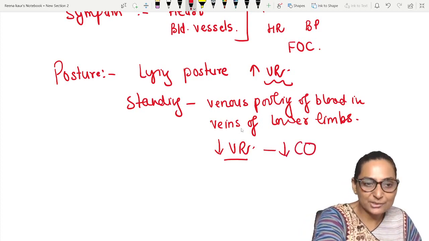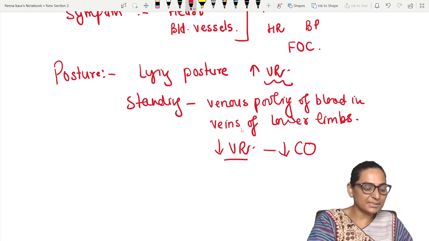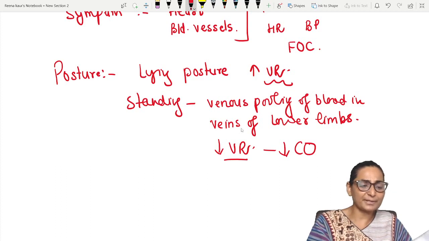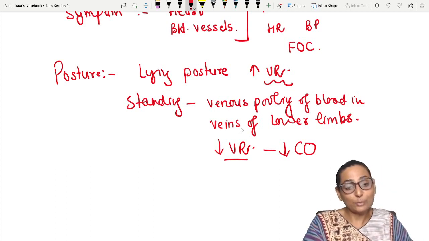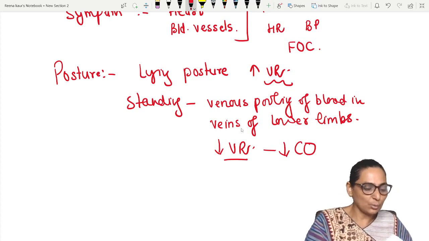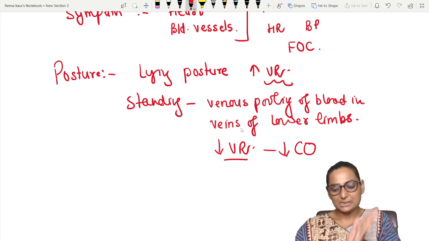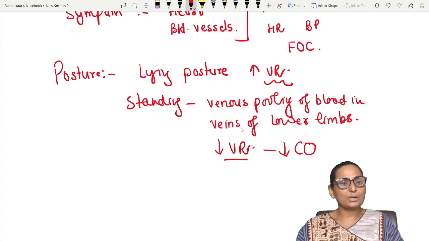So deep inspiration, posture, sympathetics, ECF volume, all these are going to affect your heterometric regulation of the stroke volume, and this heterometric regulation of the stroke volume is how you are regulating your cardiac output. ठीक है.